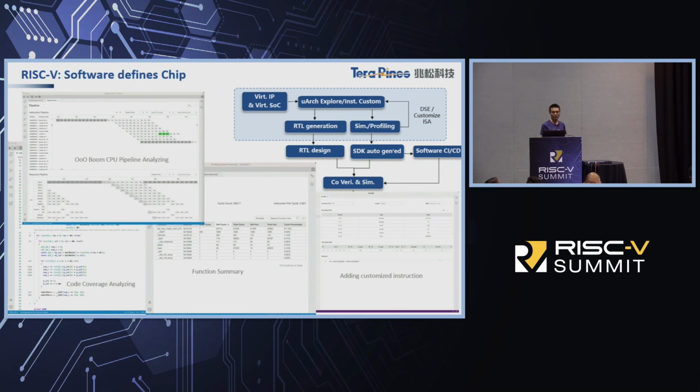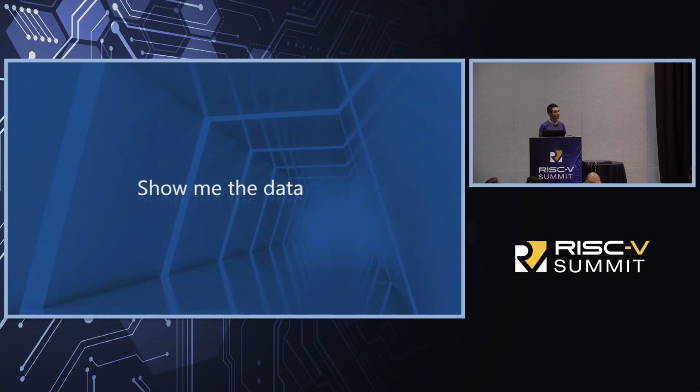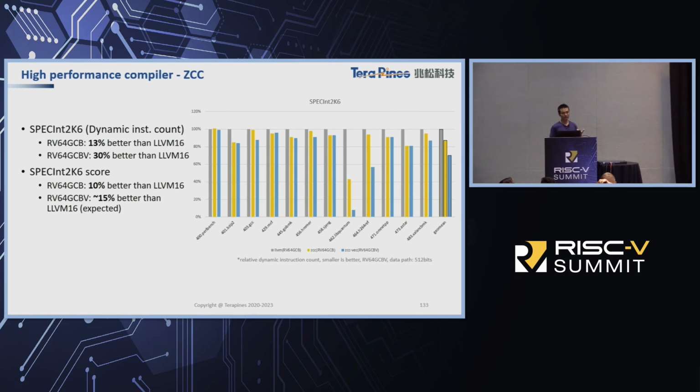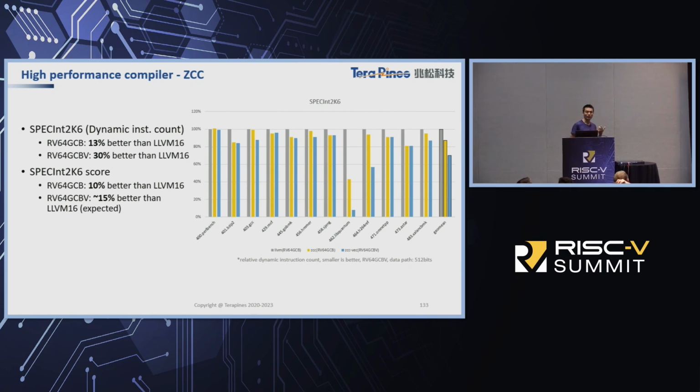Let me show you some data for our high performance compiler. First, here is the data for SPECint 2006. With auto-vectorization, we can achieve 30% better dynamic instruction count against LLVM-16 on RV64GCBV.